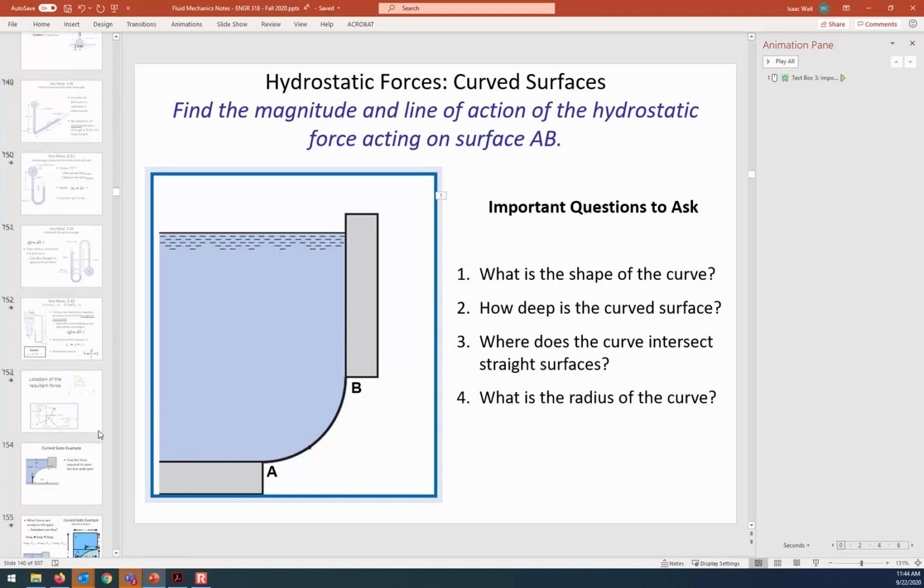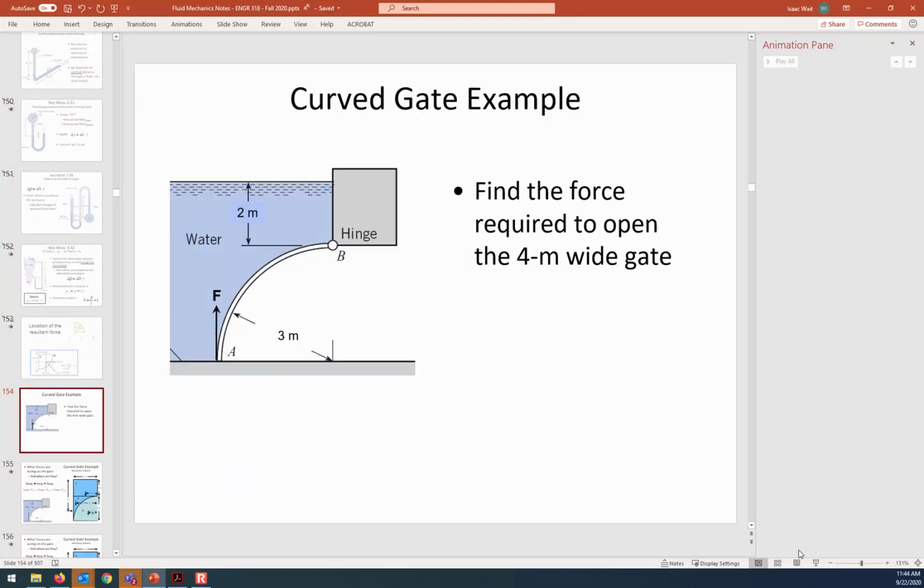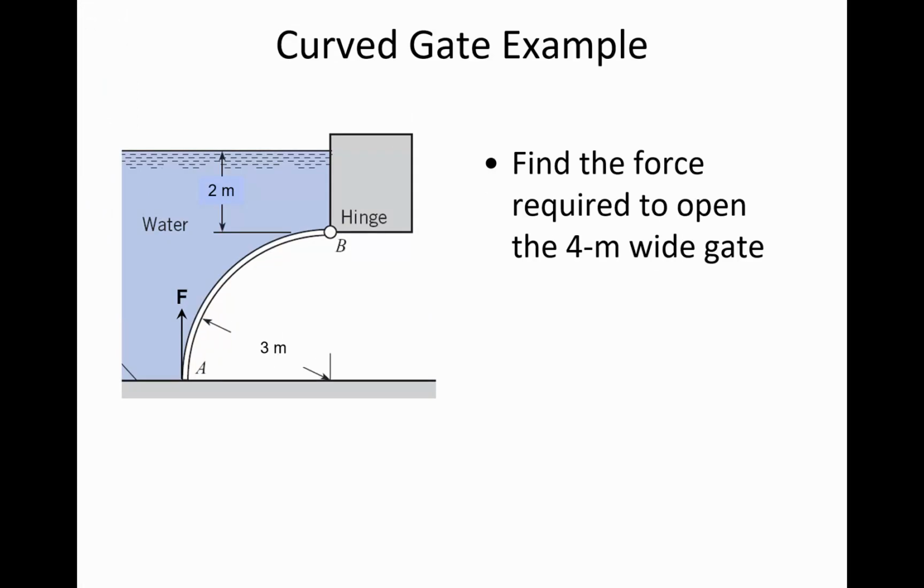Let's apply that same technique to this next example. A curved gate. This time, instead of being concave, it's convex. So the gate is curving inward into the fluid in this case. And what this is asking is, how big does F need to be in order to open the gate?